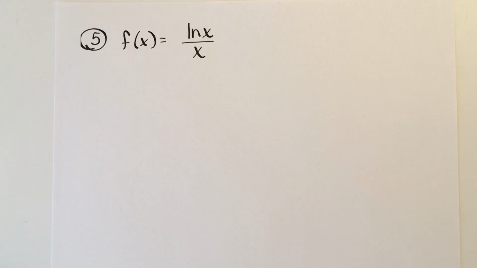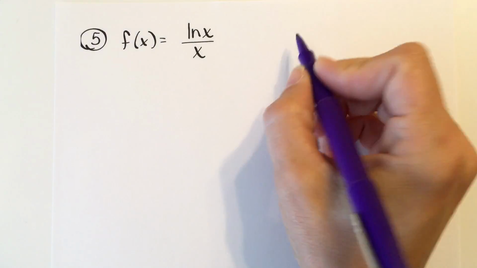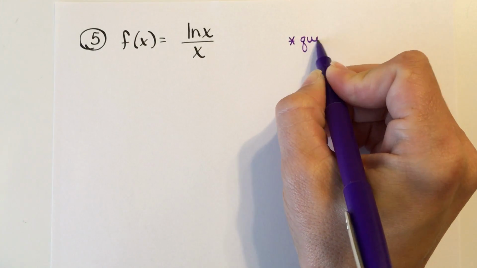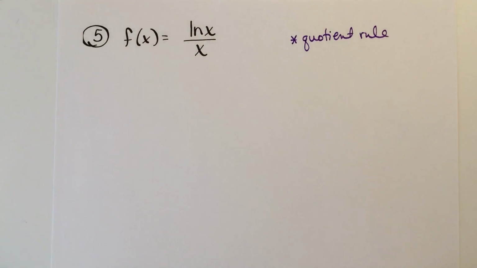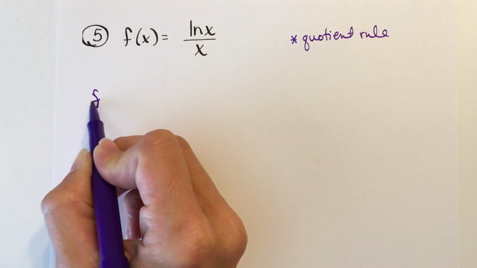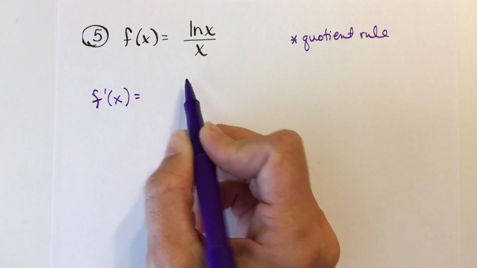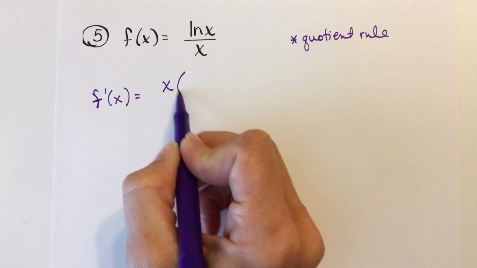Okay, this one is actually going to require that we use our product rule, I'm sorry, quotient rule, because I've got the fraction. So we start out with low d high.